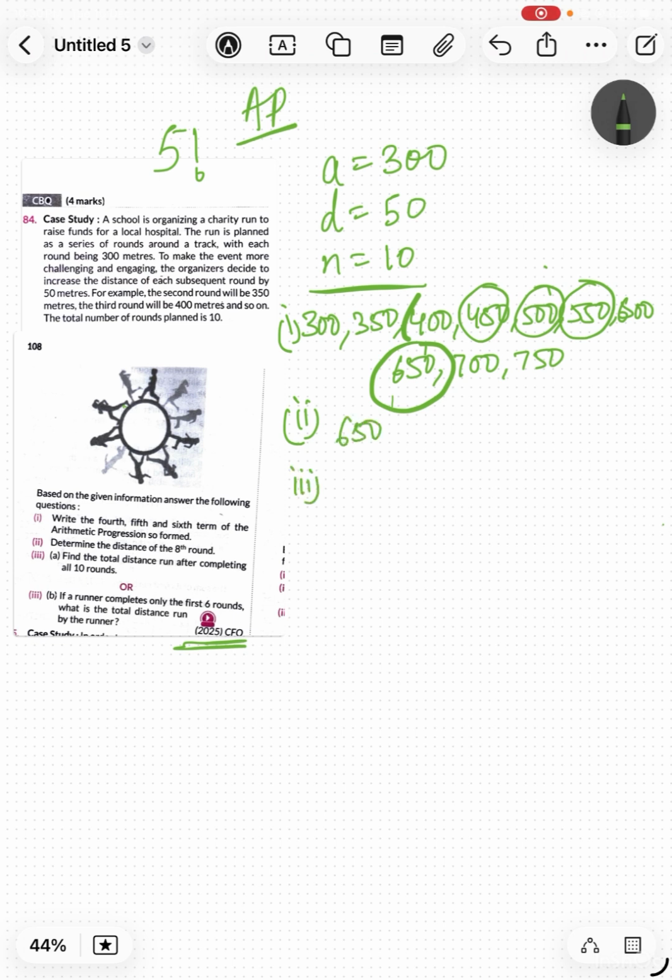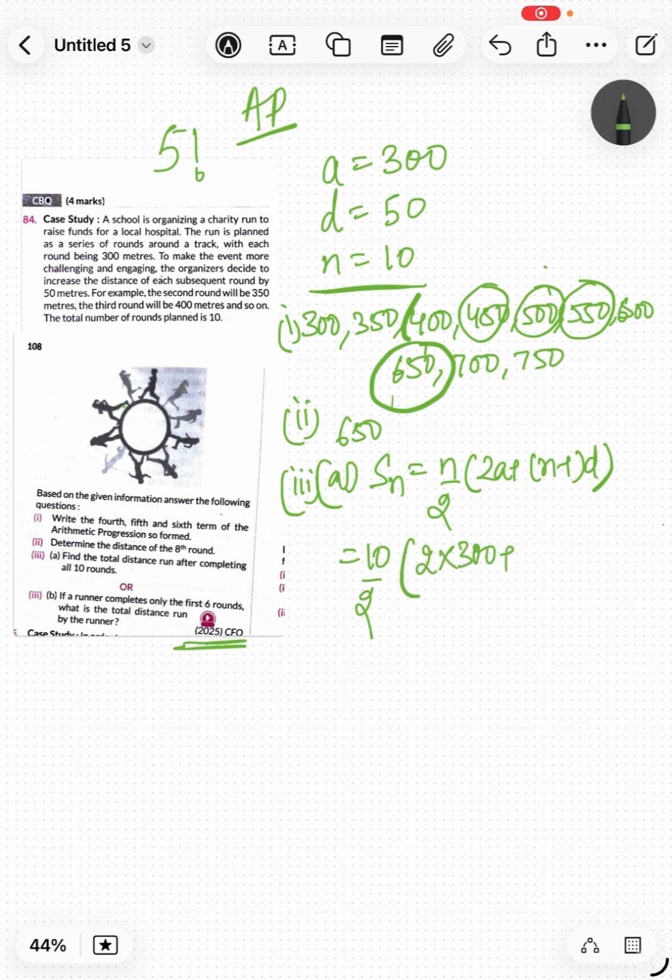Okay, and in the third question they have asked part A, find the total distance run after completing all the 10 rounds. So basically they have asked the sum. So Sn becomes n by 2 into 2a plus n minus 1 into d. n is 10 by 2, twice of a is 600 plus 9 into d, and d is 50.